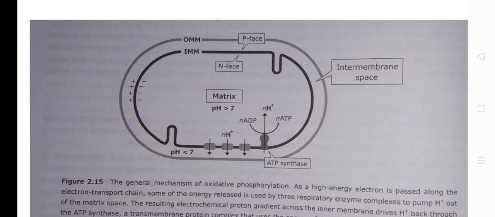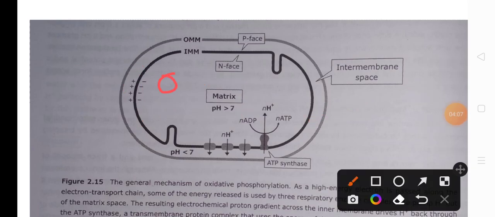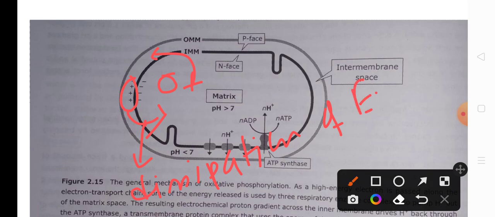We used energy to transfer protons from the matrix to the inner membrane space, and now those protons are trying to enter the matrix. So it is obvious that during that comeback process there will be dissipation of energy.